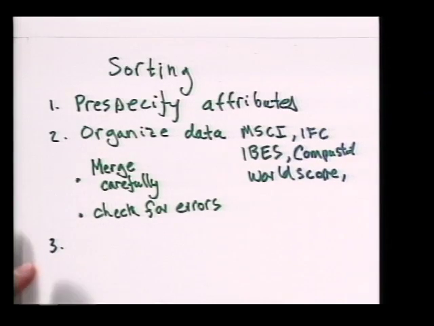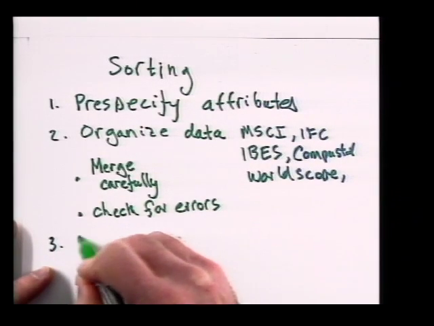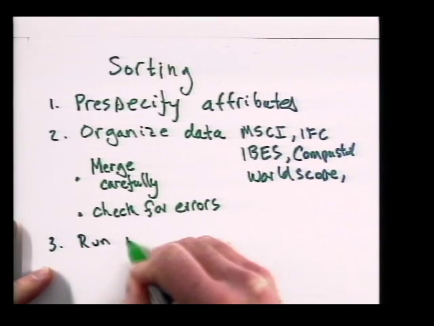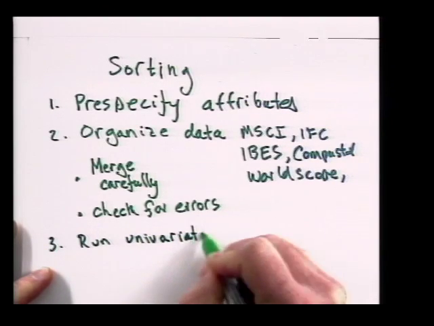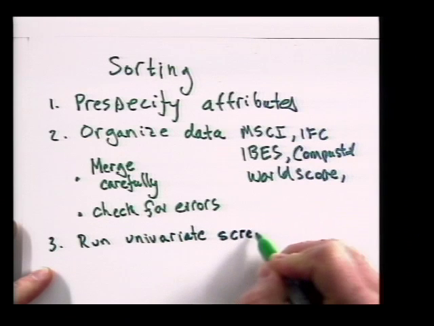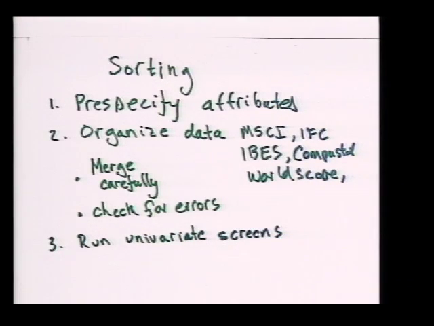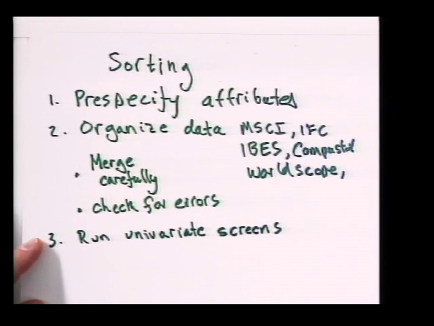And then what I recommend methodology-wise is to run univariate screens. Okay, and we looked at some of those. I guess the one that we looked at in detail last time was the dividend yield.